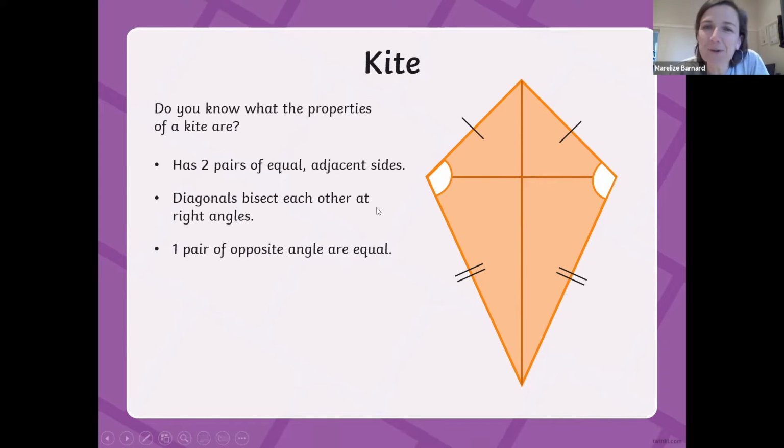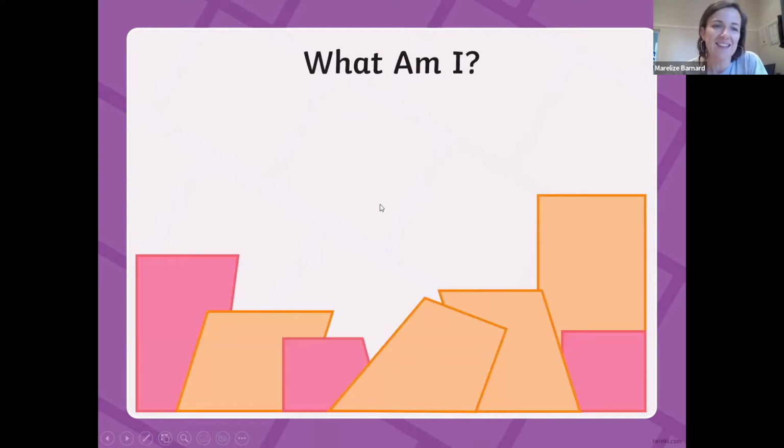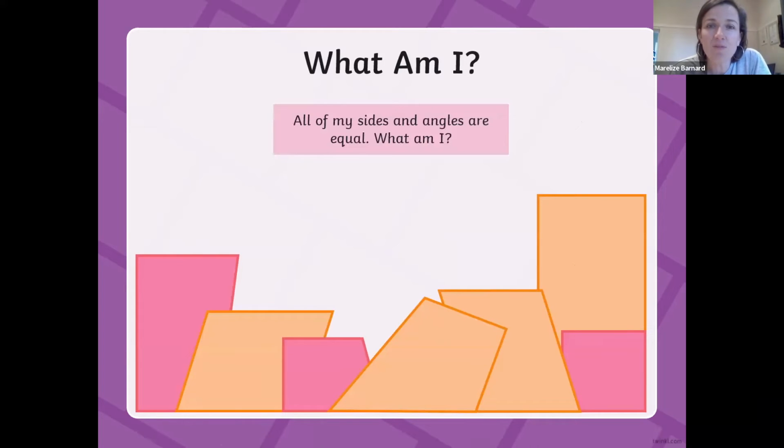Okay, we're going to do a quick little quiz here. So the description is going to come up and you can pop into the chat which shape it is. I think this is quite easy, so we're going to go quick. All of my sides and angles are equal. What am I? Square. Yes, that's a square. Okay.